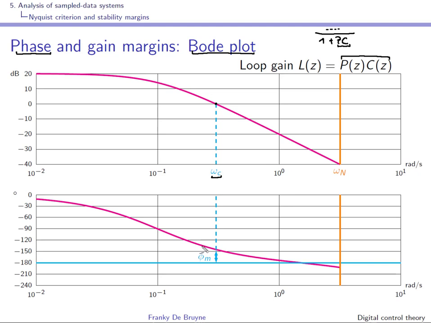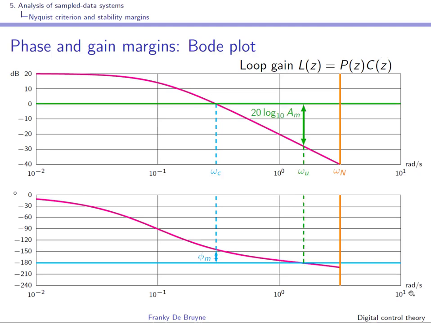We can still lower this phase Bode diagram before we reach the critical point. So we have a margin here that is equivalent to Vm. This is the phase margin.